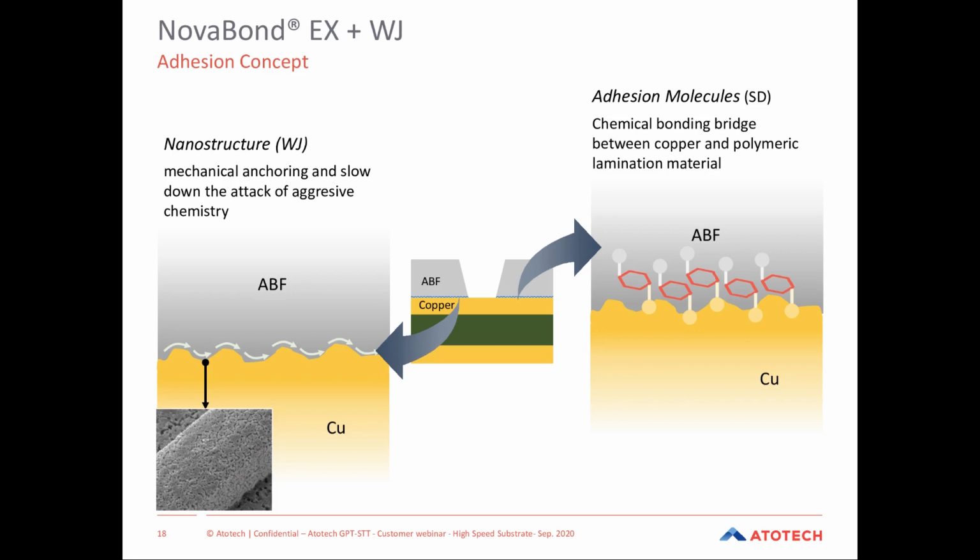So we have a very unique surface that we create with the Novabond EX plus WJ. The nanostructure that WJ provides is very unique. We will have low roughness and low etch depth, but still a very high increase in surface area, which just means that you will have more anchoring spots between the copper and the polymeric lamination materials.